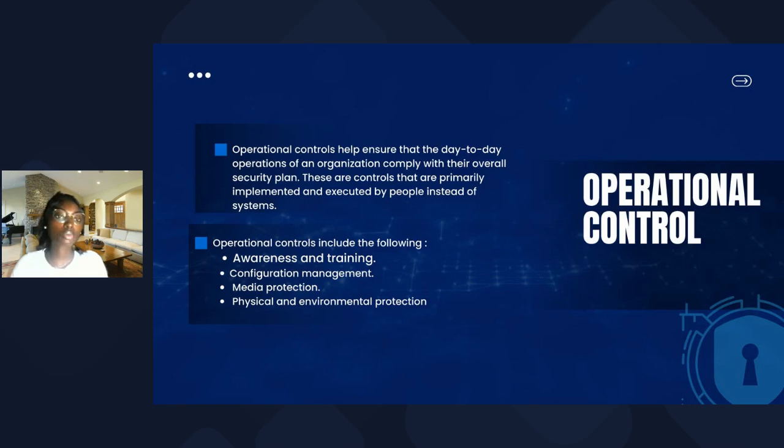Another example under this operational control category is physical and environmental control, right? You're trying to include physical control. So remember that operational control, technical control, and managerial control are like broad categories, right?